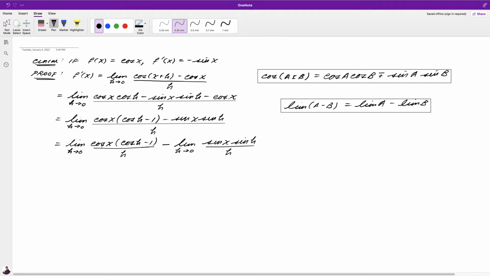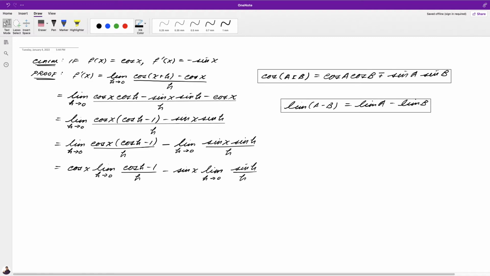So this factor of cosine x can actually come out. And likewise over here, this limit's dependent on h, not x, so this factor of sine x can come out of the limit. So it's going to give us cosine x times the limit as h trends to 0 of cosine h minus 1 over h, minus sine of x times the limit as h trends to 0 of sine of h over h.